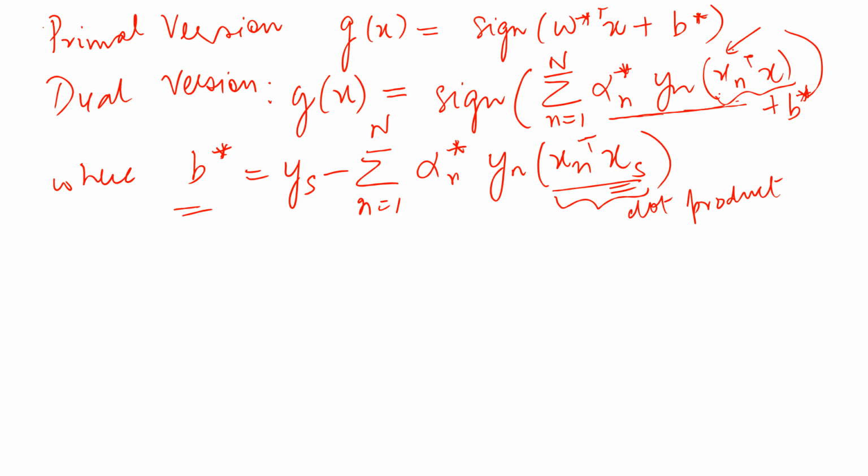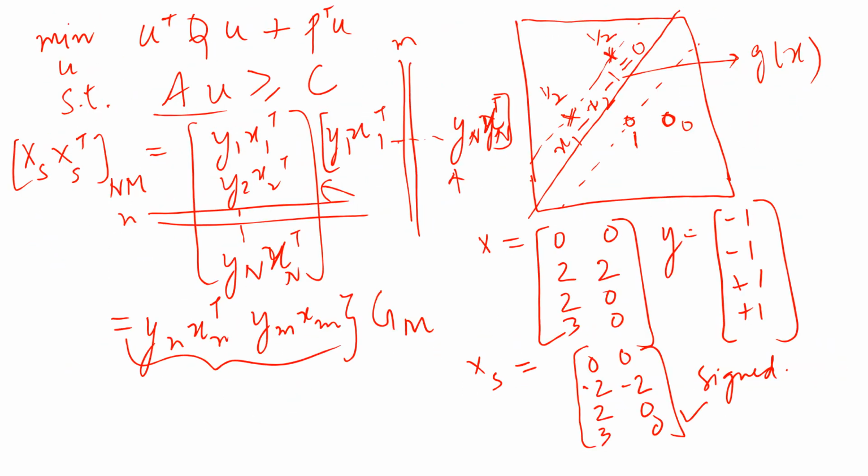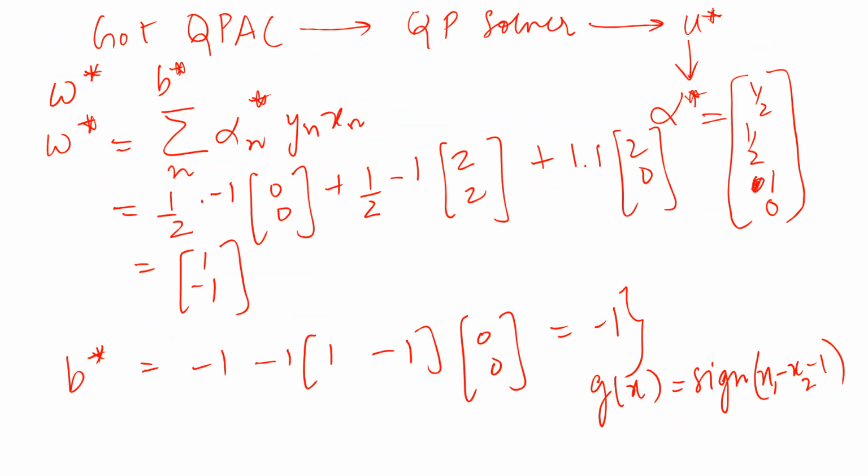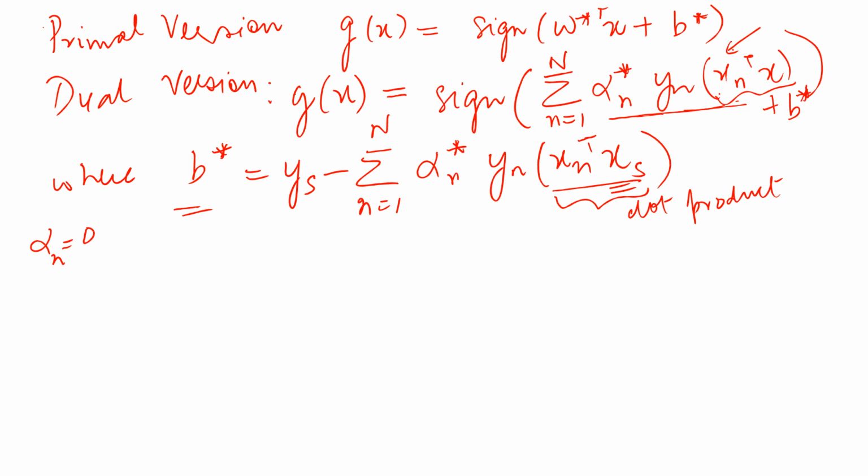If you remember the example before, although that wasn't a representative example, we did get one of the alpha n's equal to 0. In this example here, this alpha was 0 because this wasn't a support vector, and the others were non-zero. Why is that discussion coming up now? Because in most problems, in most situations, most of the alphas are 0.